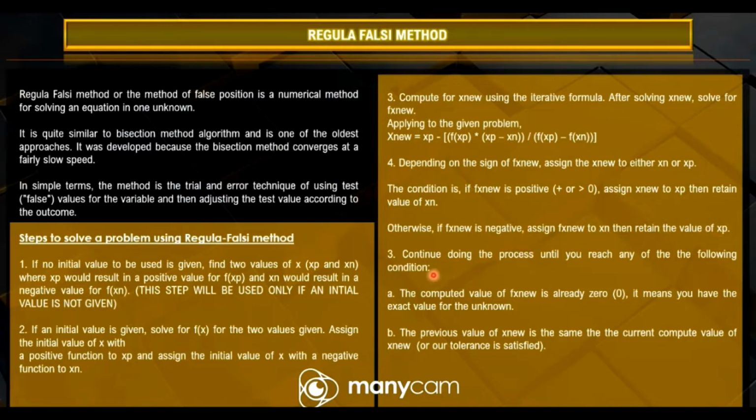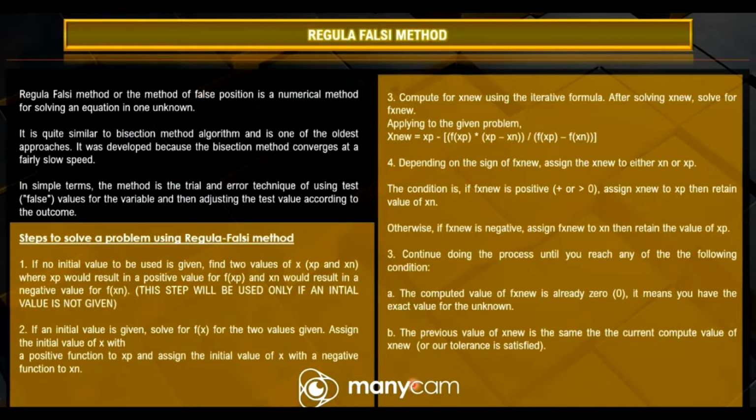Next, and our last step, which should be step 5: continue doing the process until we reach the following condition. The value of f(x new) is 0. This means the exact value for the unknown has been produced. Or if the previous value of x new is the same as the currently computed value of x new, and our tolerance is satisfied.